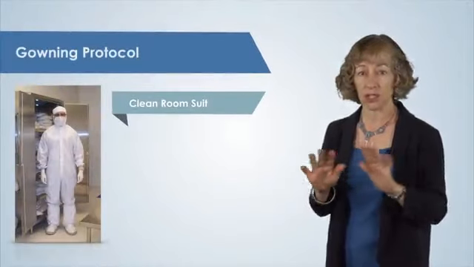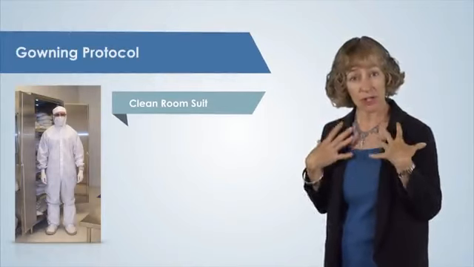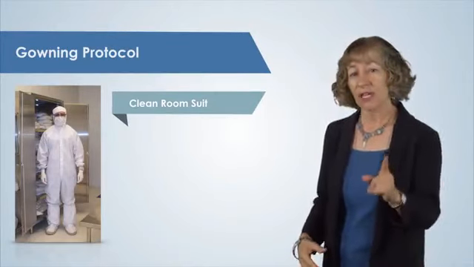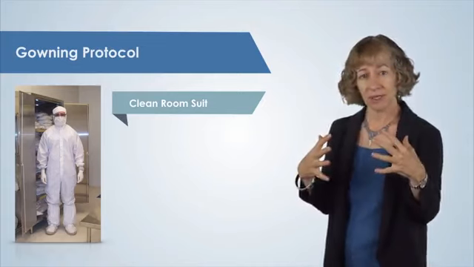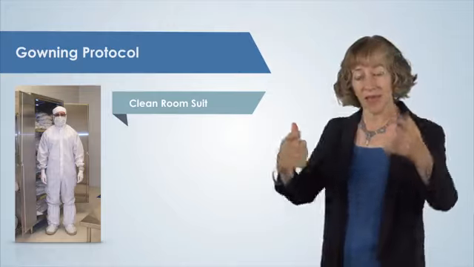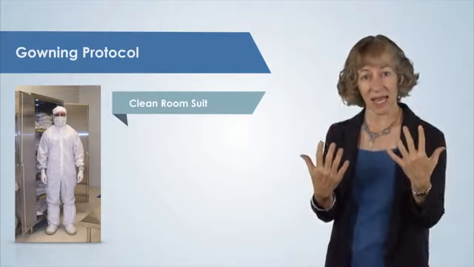People's clothing sheds an enormous number of particles, so people in a clean room must wear special clean room suits that don't shed particles and that contain the particles that are shed from the person's clothing underneath the clean room garment. They are even designed to trap contaminants that are naturally generated by a person's skin and body. They cover a person's entire body except for their face and hands.